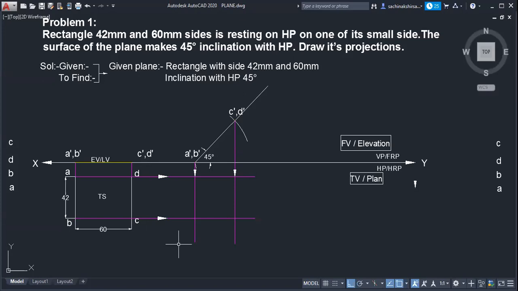Likewise, only projections you have to take, and you have to locate the point. Now you have to see very carefully. Suppose I want to locate a point. It will be the intersection of both projector lines, horizontal and vertical.